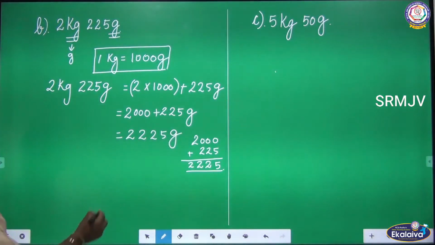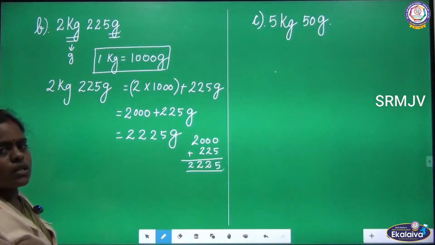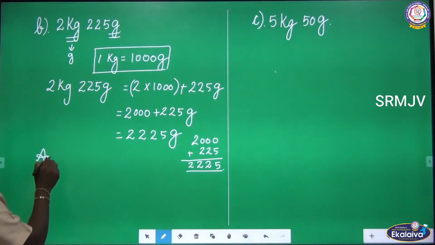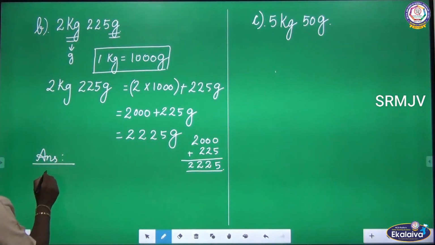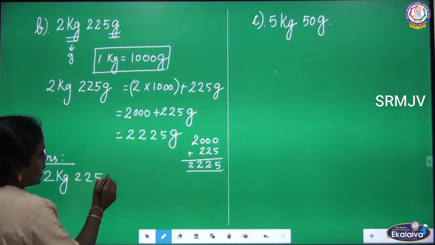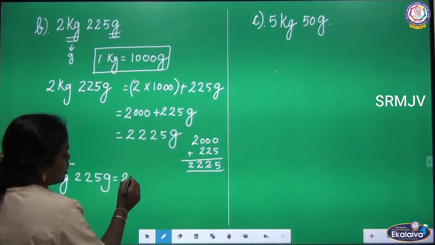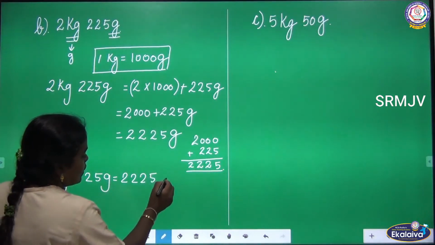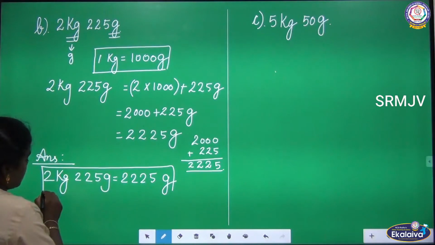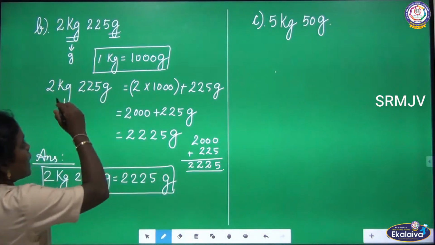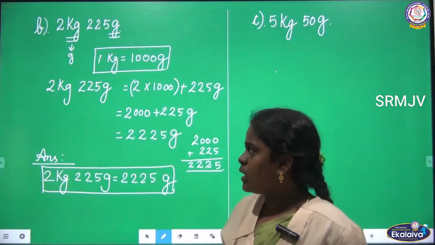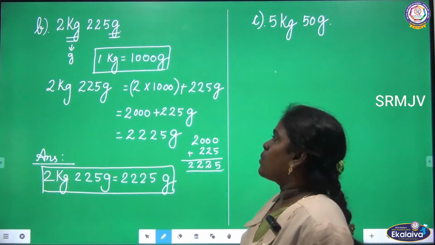So after the conversion we got the answer 2225 gram. Now let us write the answer. 2 kilogram and 225 gram equals 2225 gram. When both the units are given, first you have to multiply the number by 1000, then add the remaining numbers.